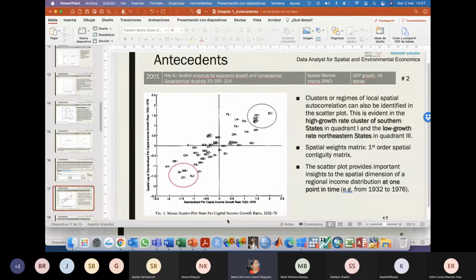So they are high income growths surrounded by high income growths, and low income growths surrounded by low income growths. And as it is, when we have positive spatial autocorrelation, it is normal that these others, the low-high and high-low quadrants, have few observations.